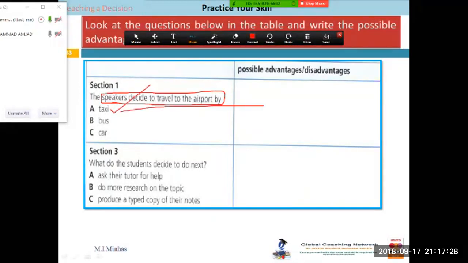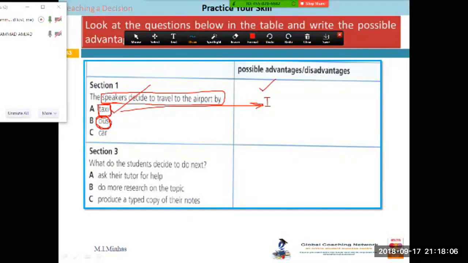Amjad, are you there? Yes, sir. What will be the advantage of taking a taxi? Any idea? Obviously, it's flexible and easy to approach. The flight may leave very early in the morning, and probably no bus service starts until then. The taxi will take you to the drop lane of the airport, but the bus will drop you somewhere outside the airport.